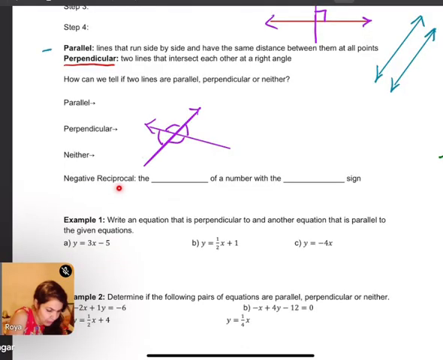Negative reciprocal means the reciprocal of a number with the opposite sign.